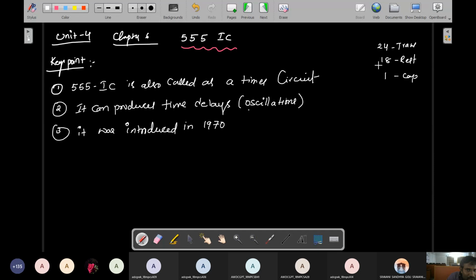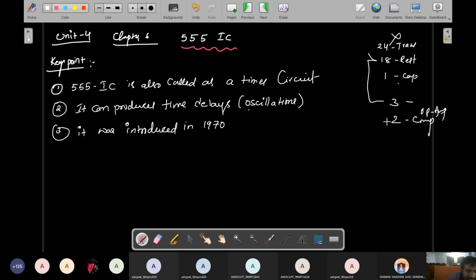They are using operational amplifiers. Only 3 resistors are used, and only 2 comparators. Comparators means operational amplifiers, op amps. I already told about comparators in operational amplifiers. And finally one capacitor is used, so it is automatically reduced.